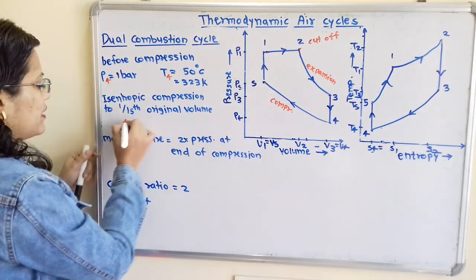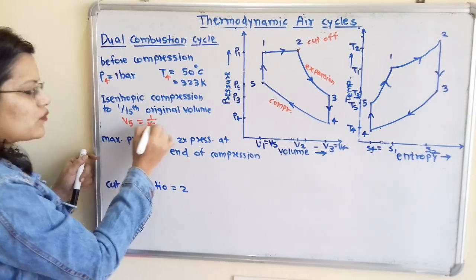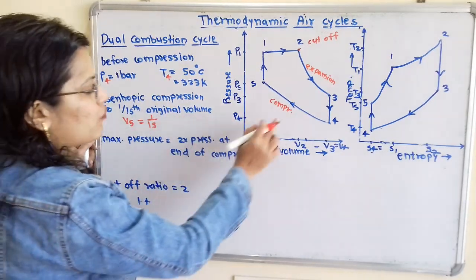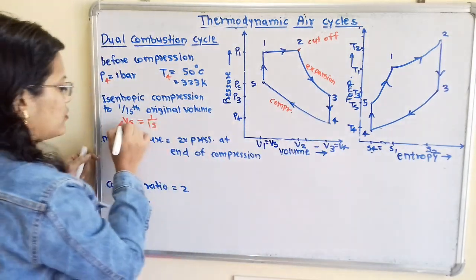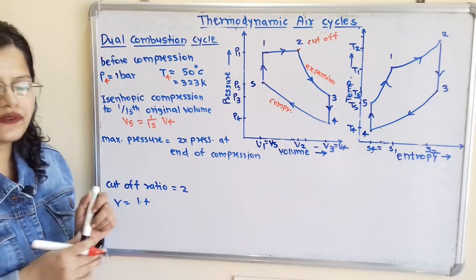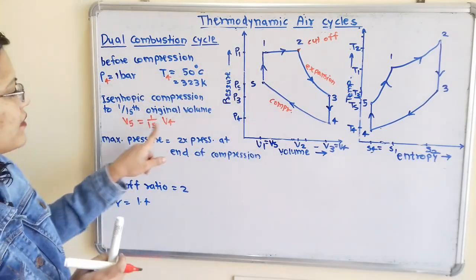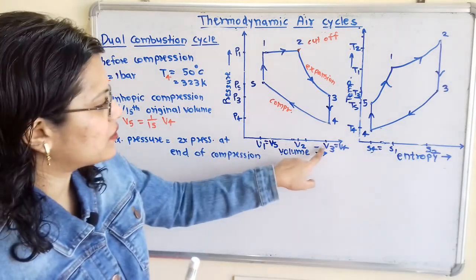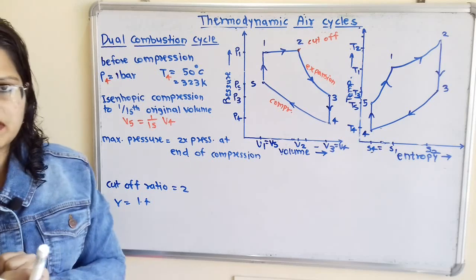So this V5 is equal to 1/15th of original volume, that is before compression, that is at point 4. So V5 is equal to 1/15th of V4. So we have to take this relation. So instead of V5 we can also take V1, and instead of V4 we can also take V3. So from this diagram only we have to write this.